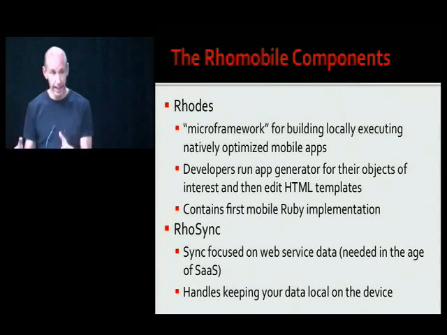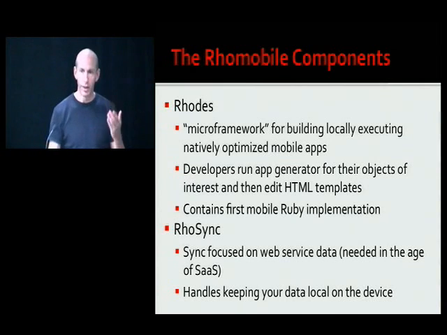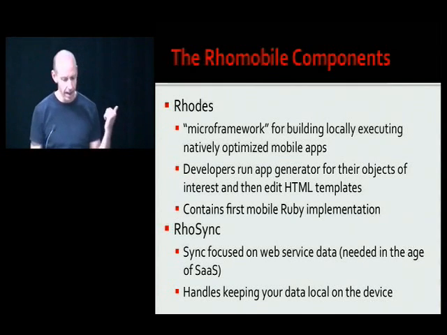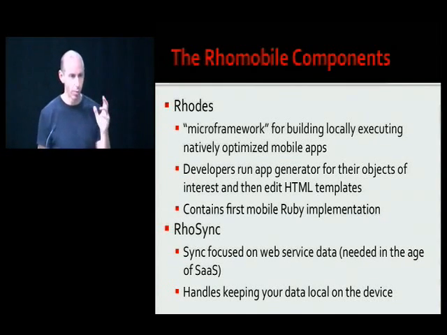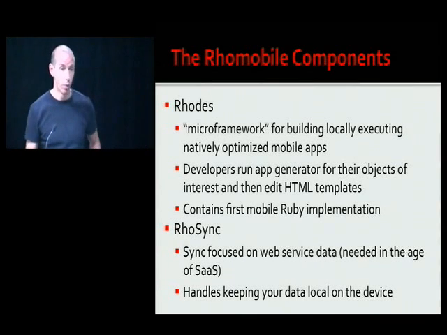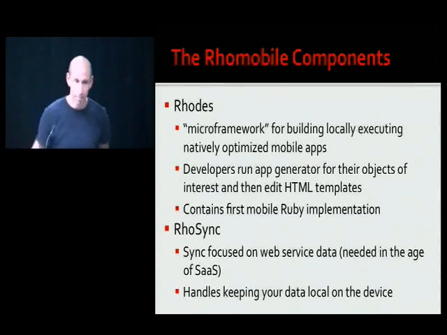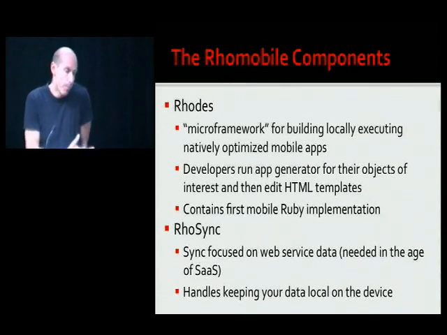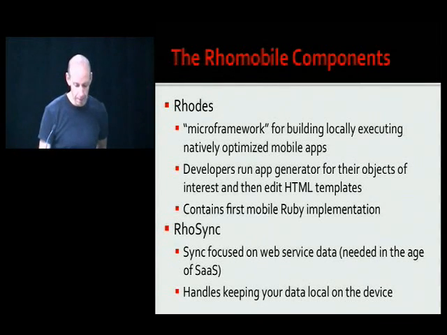So I'm an adjunct at Carnegie Mellon, and some of the students there want to use Rhodes and implement XMPP to do real-time communication, and they want to add those libraries. There are some Ruby libraries for this. And we said, great, just do it. Would we take that back and put it into the framework? Probably not, unless there's a real compelling case to do that.